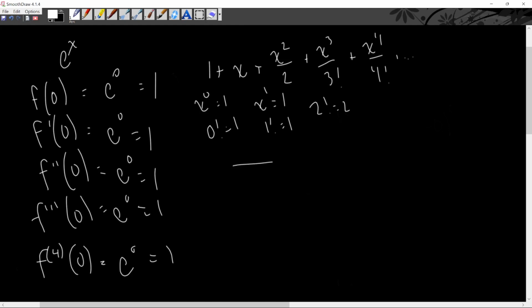And if you said that the series is from n equals 0 to infinity of x to the n over n factorial, you are correct. This is a pretty useful series.